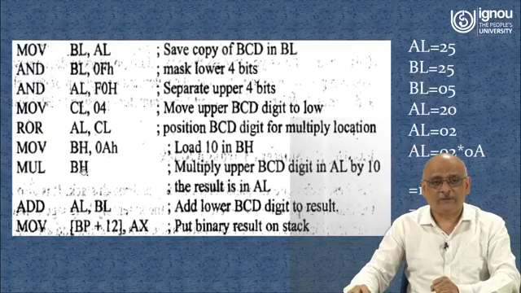When we are multiplying, we are moving 10 into the BH register, and when we say multiply BH, AL will be multiplied by whatever is the content of BH, which happens to be 10. So 2 into 10, we will get 14H, which is the binary value, and to this binary value you add BL, which happens to contain 5, so you get 19H, which is the equivalent binary, or in a sense hexadecimal value, in this particular case.